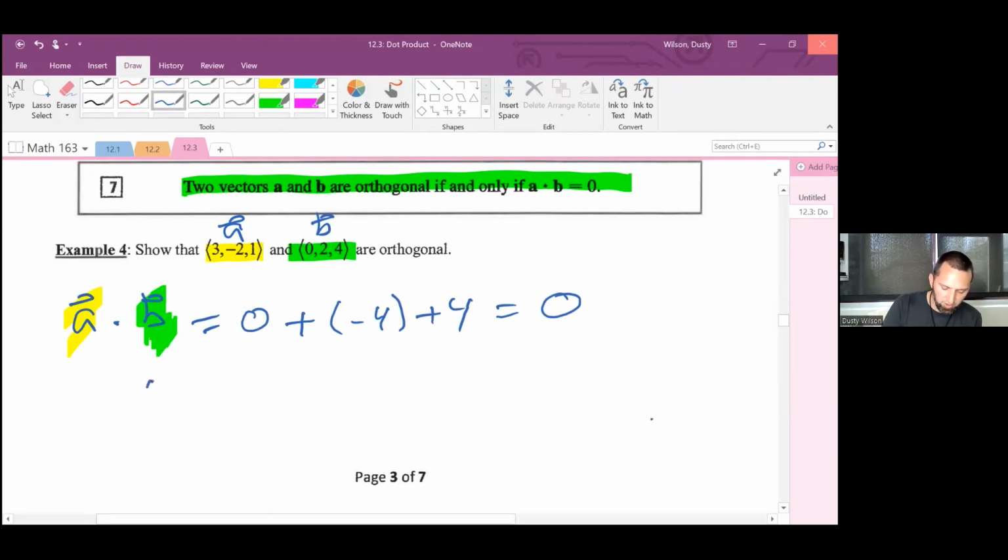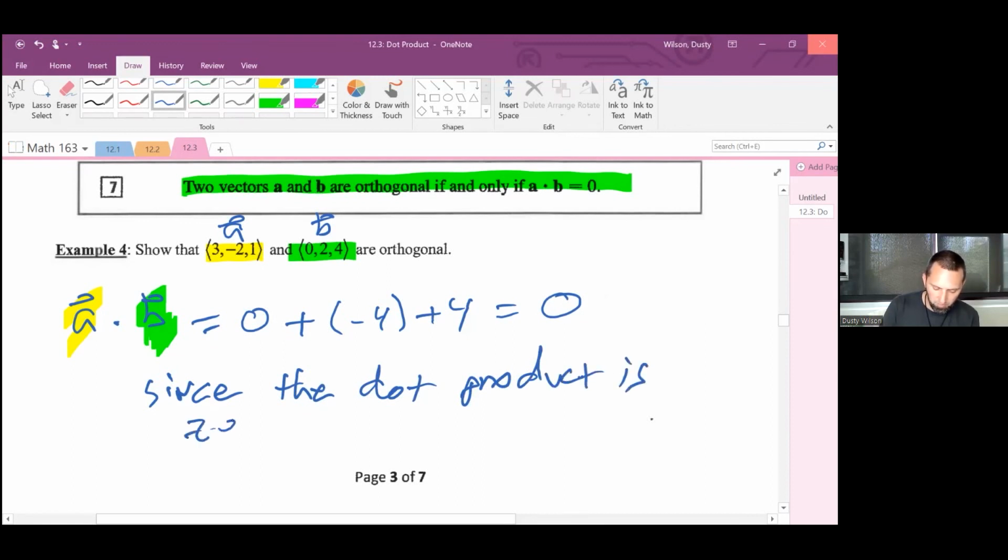So since the dot product is 0, the vectors are perpendicular.